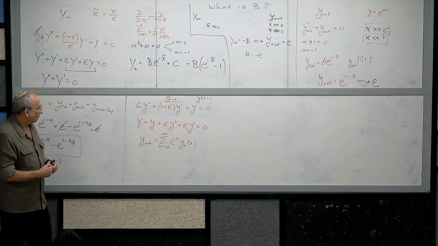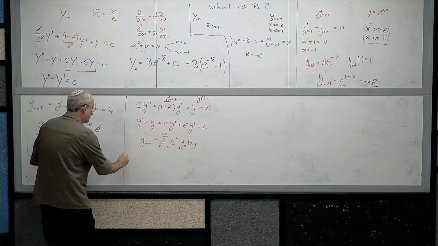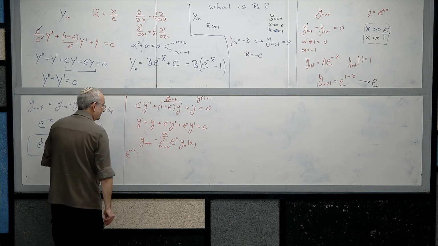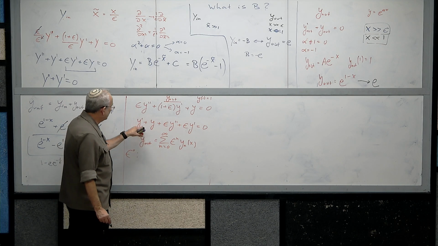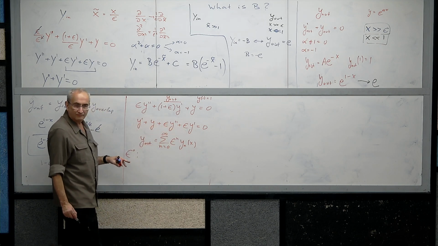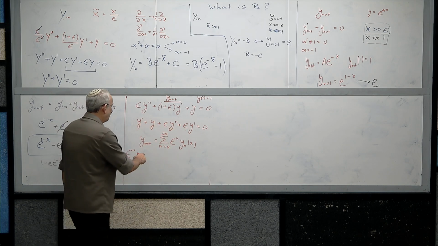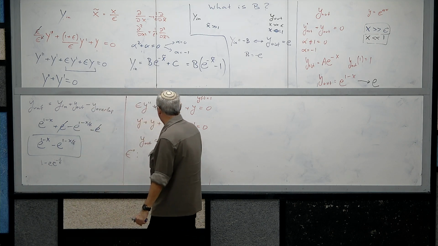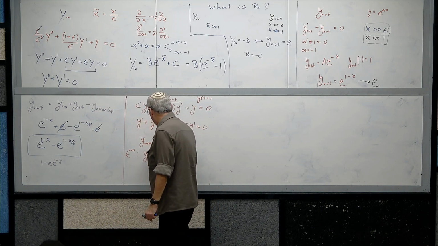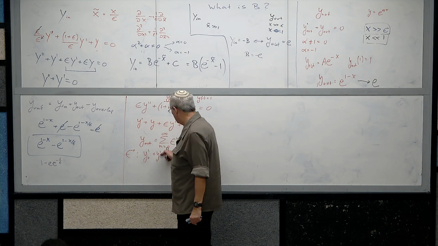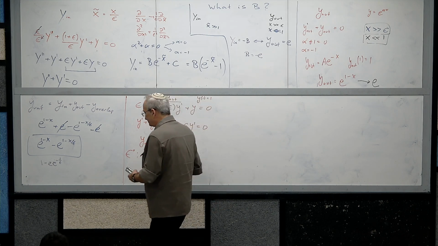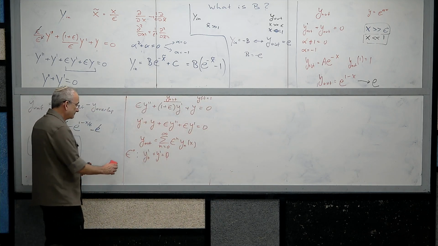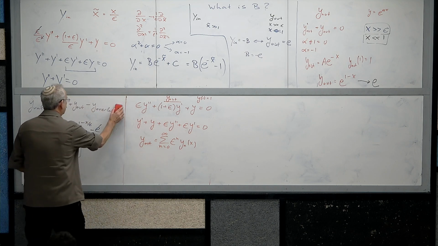I'm plugging this in here and here. So to order epsilon to the 0, what I have is simply y0 prime plus y0 is 0. Let me write it to make it clear.